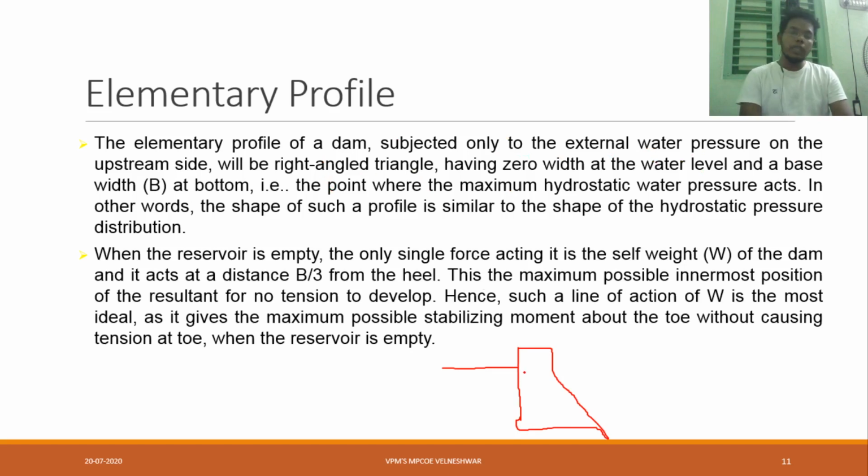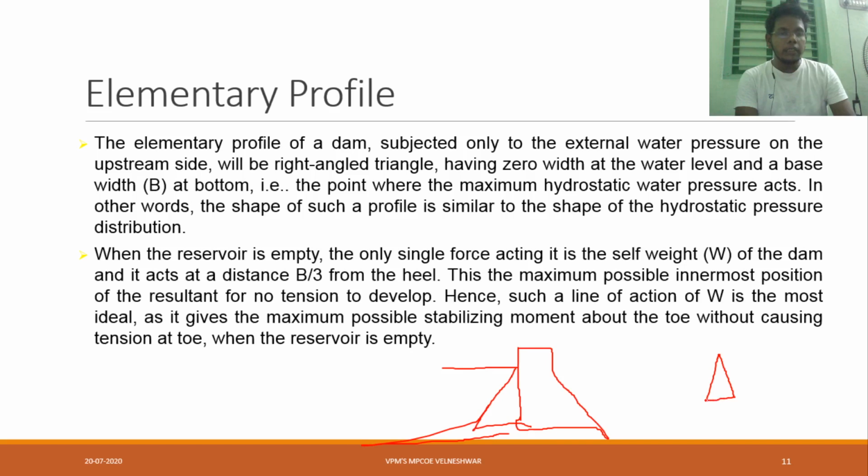Even if water is there, in the upstream side, the way you provide your wall should be a right angle triangle only, having zero width at water level and a base width B at the bottom.